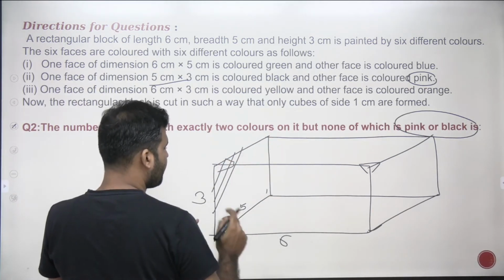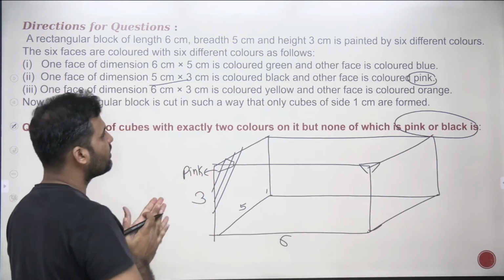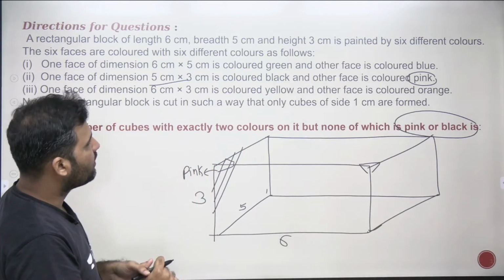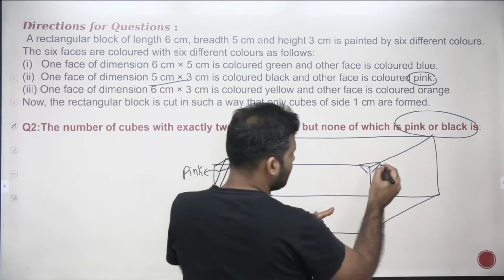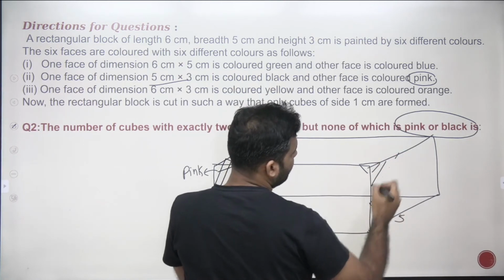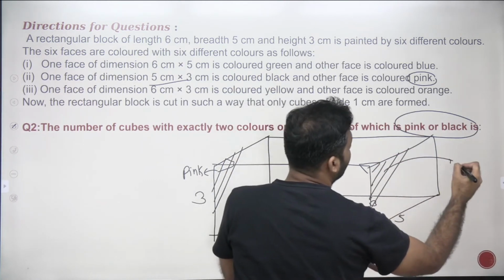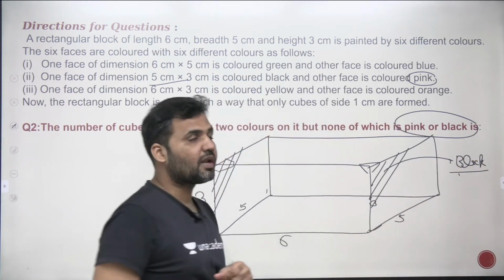So this particular face is a pink colored face, right? Just imagine it in your mind, it's a pink colored face. And the black has been used on this particular face, right? On 5 into 3. This is 5, this is 3. This particular face is also black. I don't want pink or black color on it.